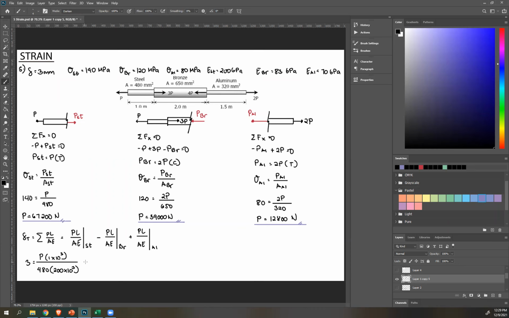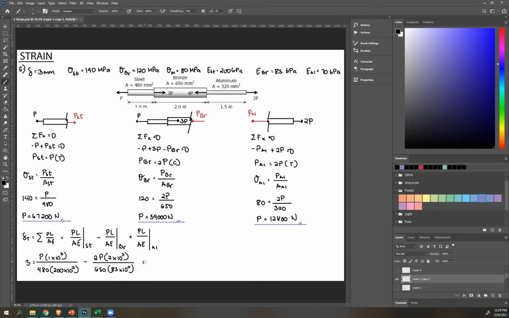Next, minus P for bronze. So let's check, bronze is 2P. 2P times length of bronze, 2 meters. So 2 times 10 raised to 3 to convert to millimeter, all over A, cross-sectional area given 650. And then modulus of elasticity, 83 times 10 raised to 3 to convert to MPa.